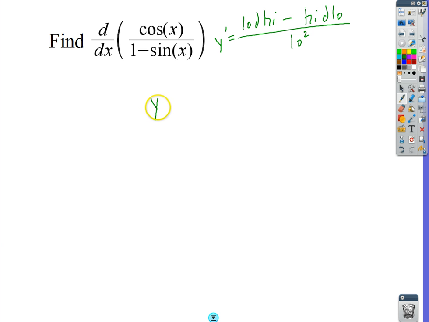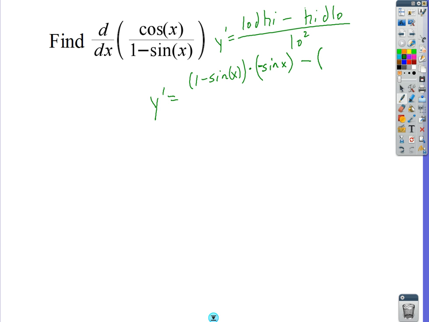So y prime is equal to low, 1 minus sine x, times the derivative of high. Derivative of high is negative sine of x, minus high d low.